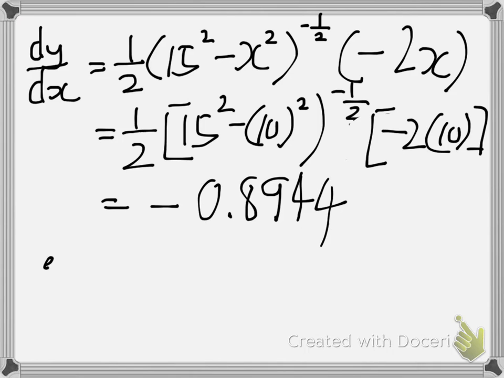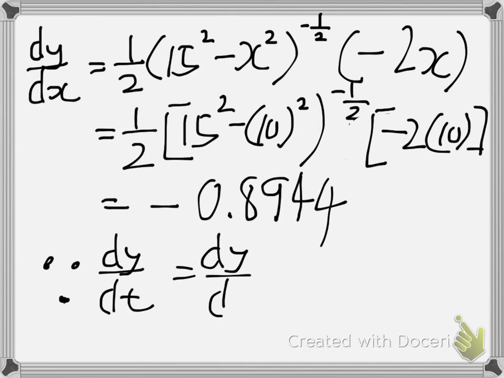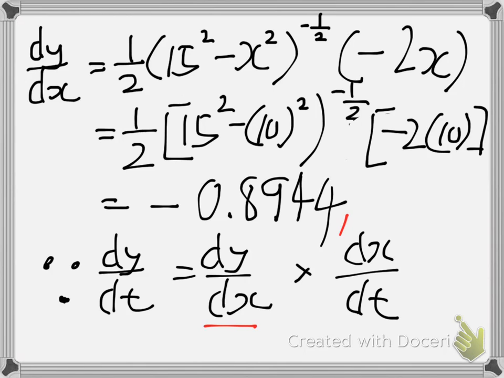Because dy/dt equals dy/dx times dx/dt, now we have both. We have found our dy/dx and this one, which is 6. So we could straight away substitute in.